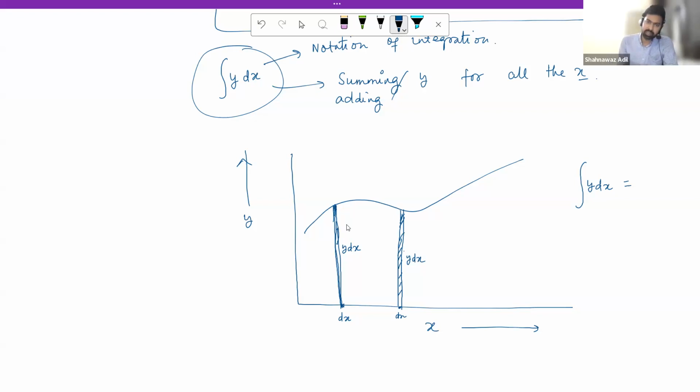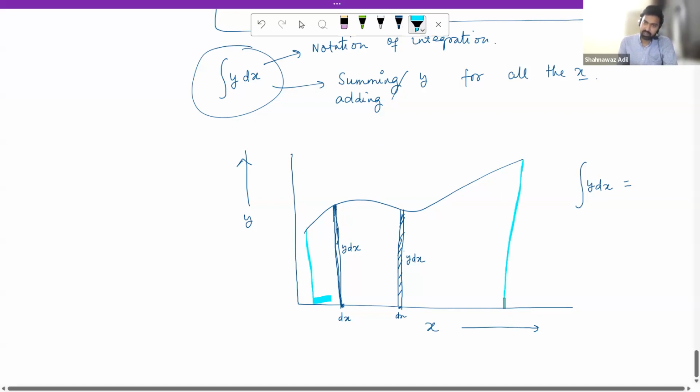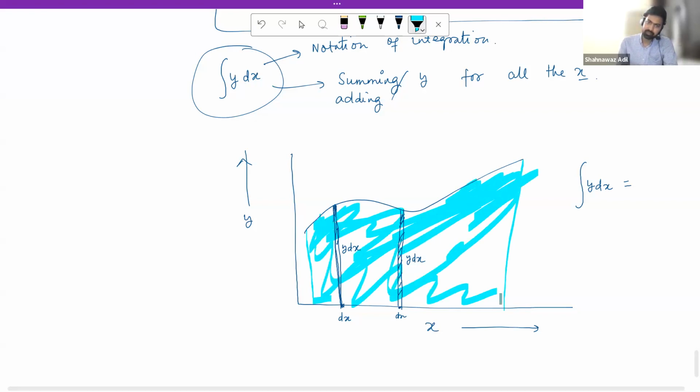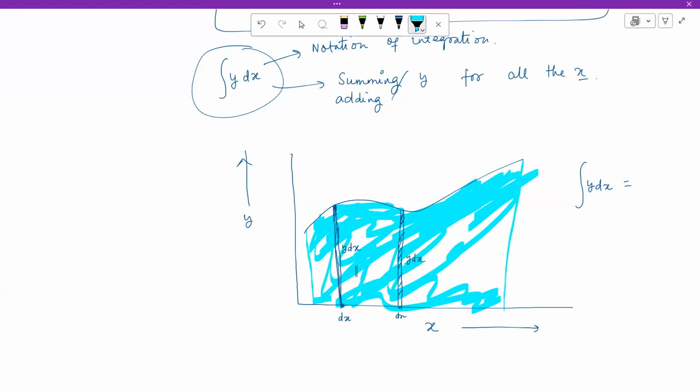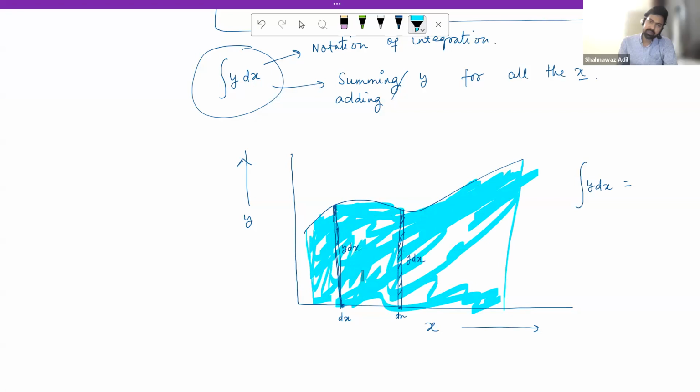We'll get this whole thing, right? From here to here, we'll get this whole area. Is it clear? Yes. So this is the geometrical meaning of integration.